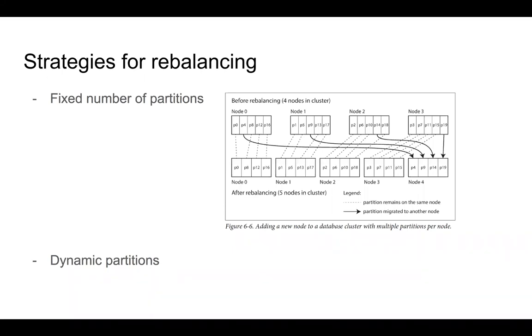So any new data for P4 will be added to node 4. All the writes are happening on node 4, but when we are reading, we have to look at both node 0 and node 4. And once the data movement is complete, then we switch it to node 4. But yes, writes cannot happen till all the data is moved, right?